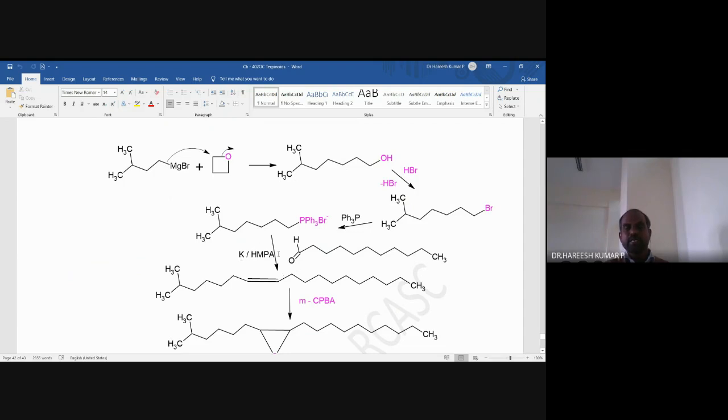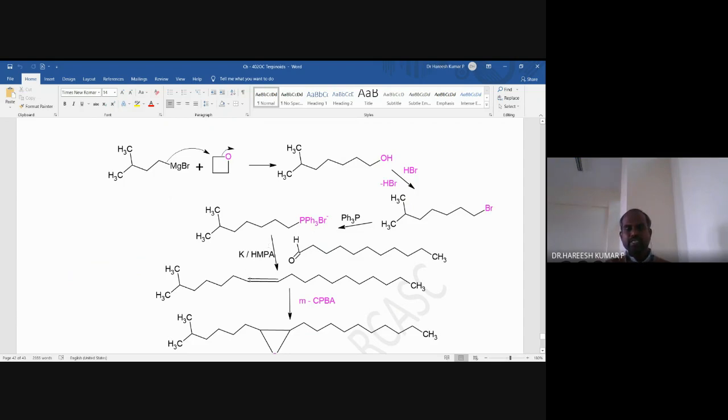Then potassium is a facilitator. This reaction proceeds catalyzed by potassium. What is HMPA? Hexamethylphosphoric triamide. This is a solvent, and potassium is a facilitator, and this reaction proceeds. The name of this reaction is the Wittig reaction.